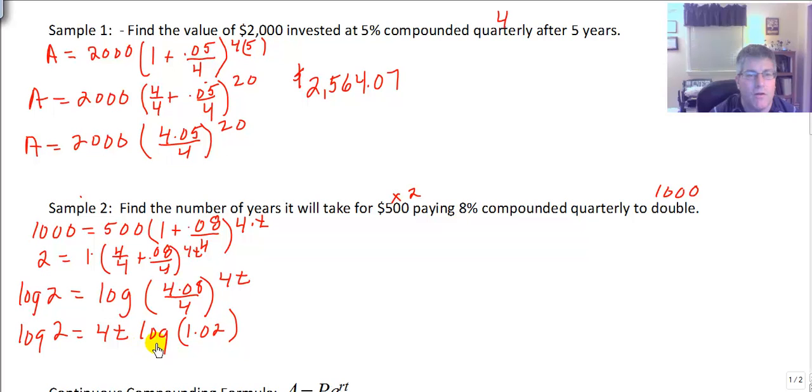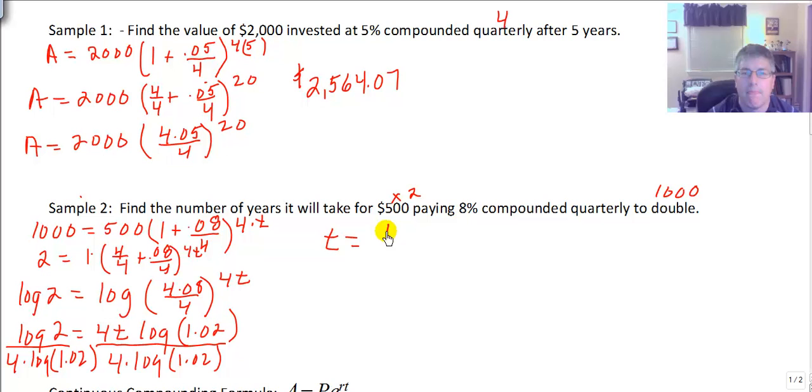So we want to solve for t, so we can divide both sides by 4 times log 1.02. So we should have t equals log base 10 of 2, all divided by 4 times log base 10 of 1.02.